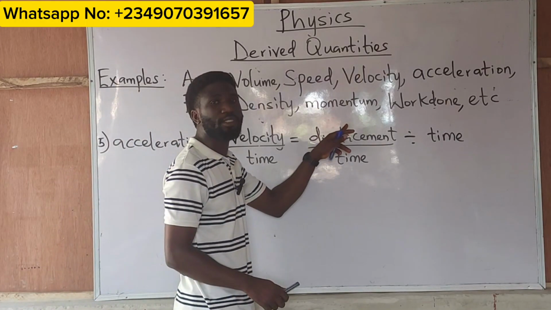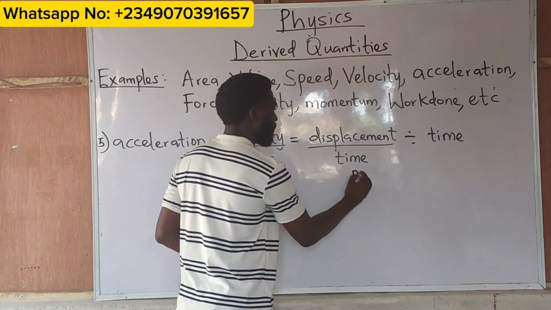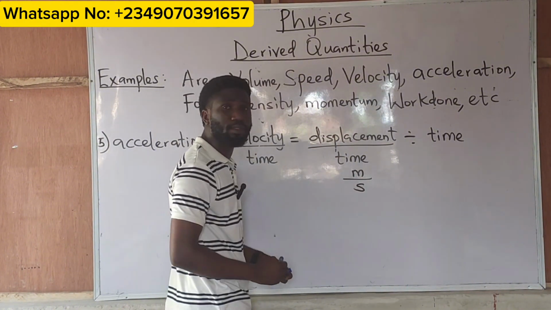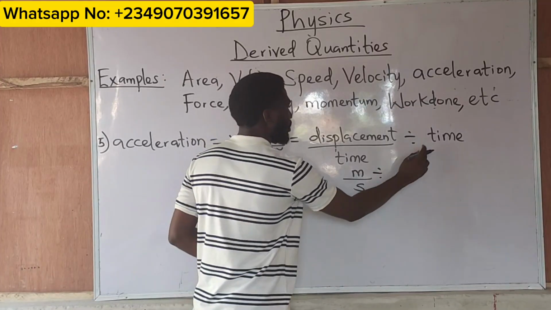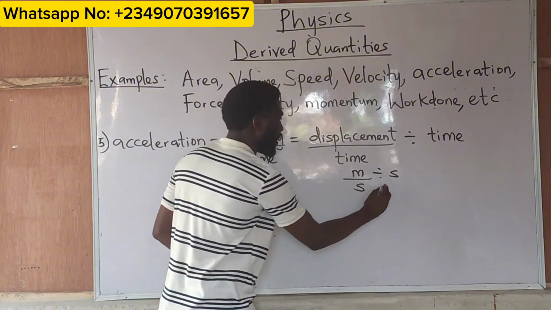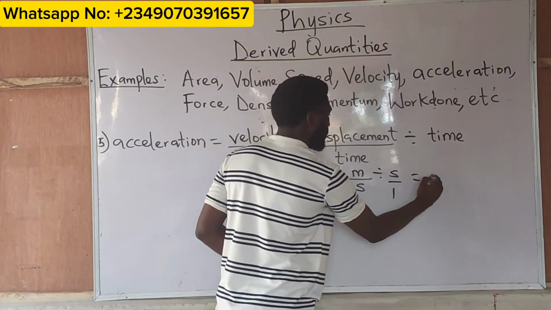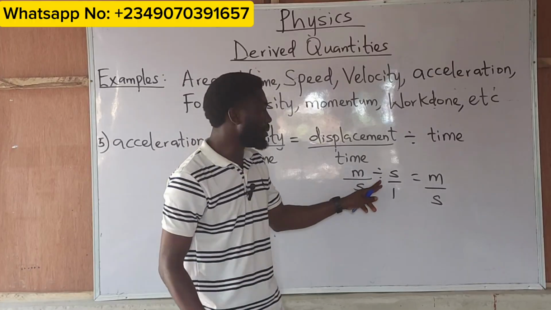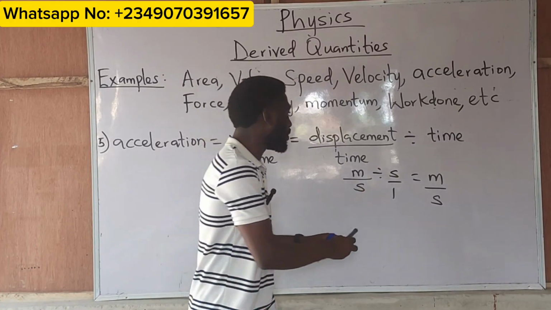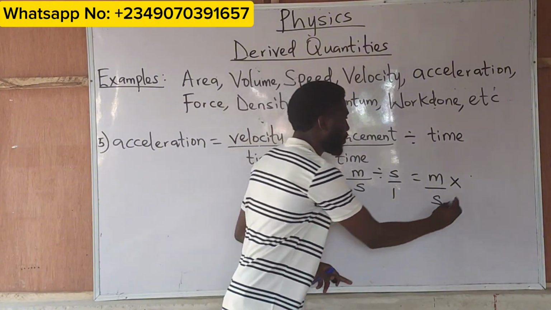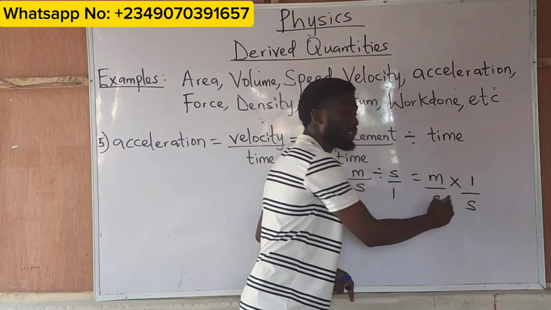So what is the unit of displacement? Meter. Over unit of time, which is seconds, then divided by unit of time, also seconds. So I can just have over 1 here. Then this will be meter over seconds. In mathematics, division will change to multiplication, so we have multiplied by 1 over s.